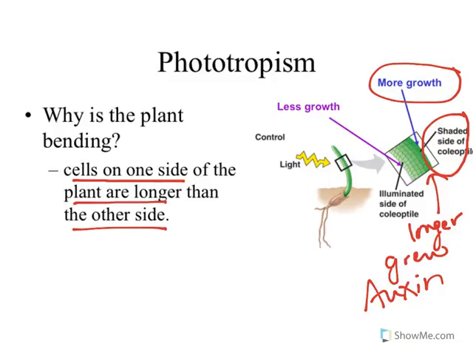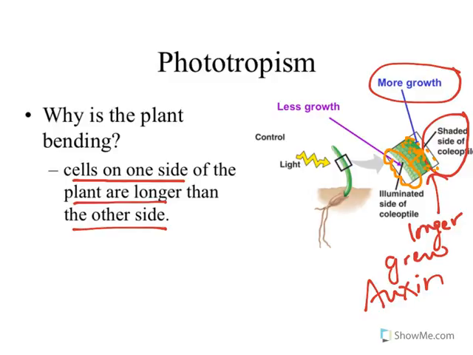So when the light shines on the left-hand side, and I'll do that in orange over here, the auxin travels to the shaded side, and the auxin is in these cells on the shaded side. And when the auxin is on the shaded side, it causes those cells to grow more.